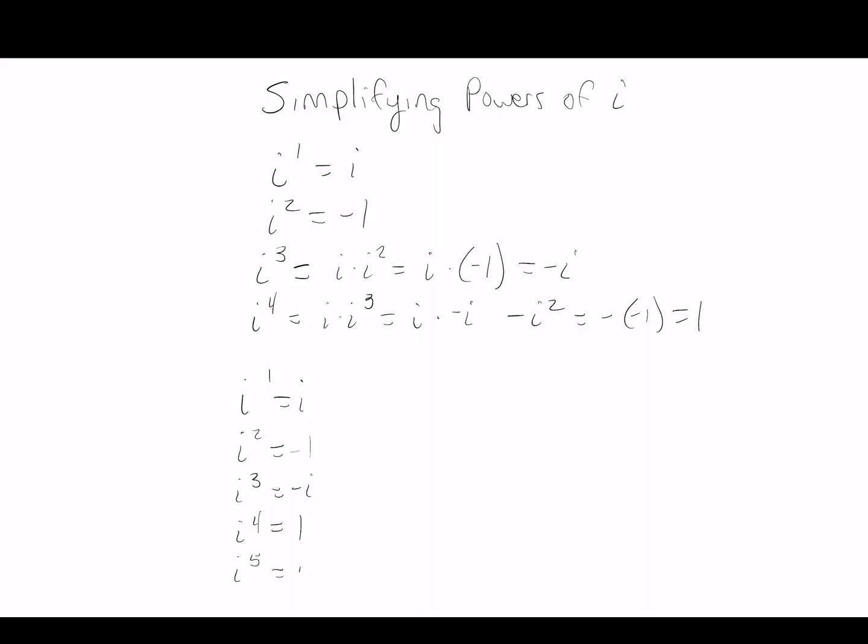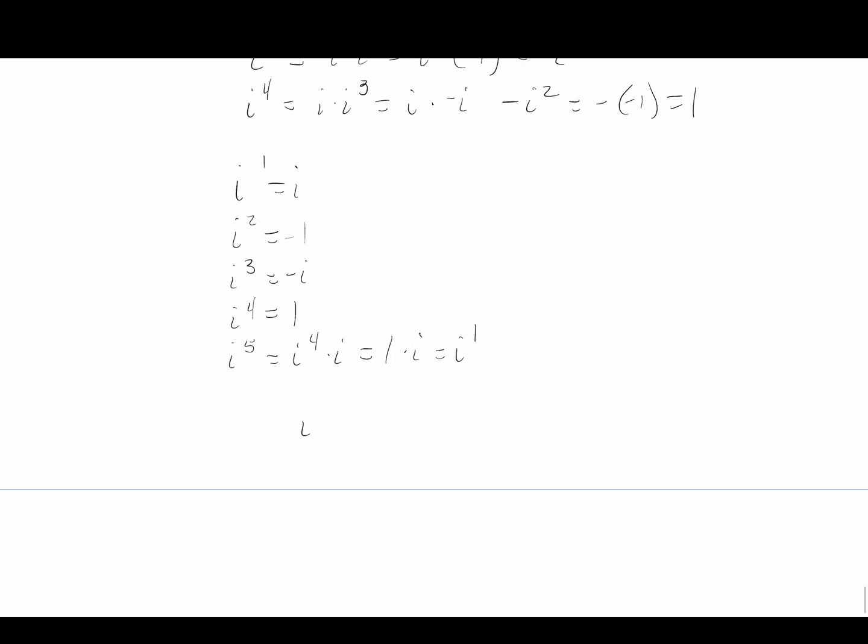Well, that's just i to the fourth power times i, which is 1 times i, or i to the first power. So every time we go through 4 powers, the cycle repeats to give us i, negative 1, negative i, 1 for every 4 powers.